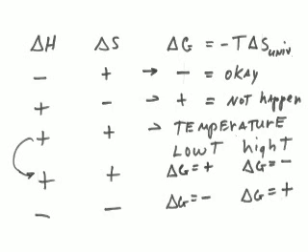At low temperature, the delta H will dominate, and for an endothermic reaction, that means delta G will be positive. At higher temperatures, at some point, the delta S term will take over, and delta G will become negative, and therefore favorable to happen. If both signs are negative, you have the opposite effect. When the delta H is dominant at low temperatures, the reaction is favorable, but raising the temperature makes it unfavorable as the entropy term takes over.